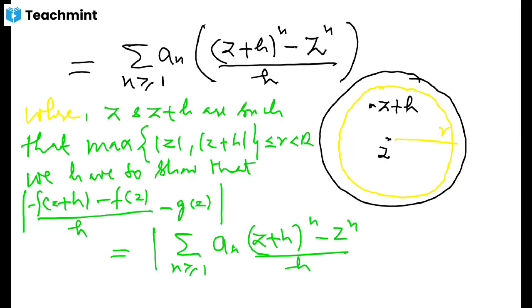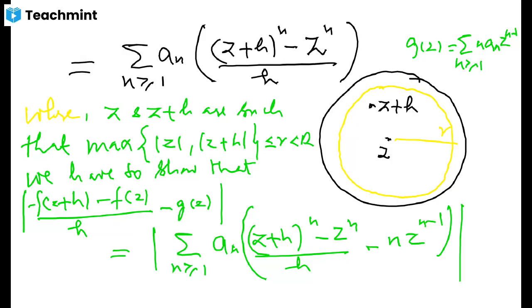But again, what is the value of g of z? Let me recall. g of z is this power series, n from 1 to infinity of n a_n z to the power n minus 1. So I can take out this summation with a_n, and what is left is minus n times z to the power n minus 1. If I want this function to be differentiable, I want this left hand side to go to 0 as h goes to 0.